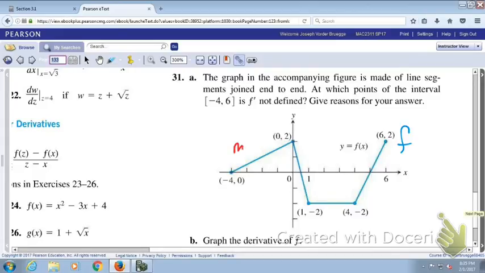What is the slope along this first line segment? It's rise over run, isn't it? Rise 2, run 4. 2 over 4 is 1/2. I stumped you with the first slope.